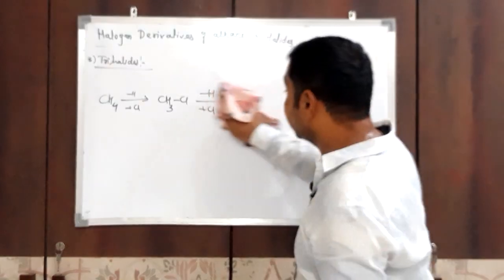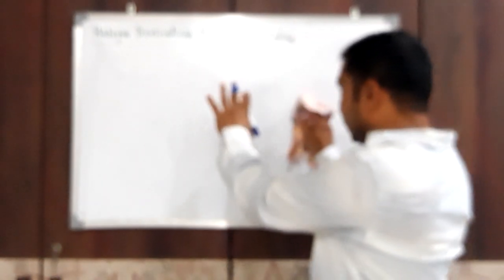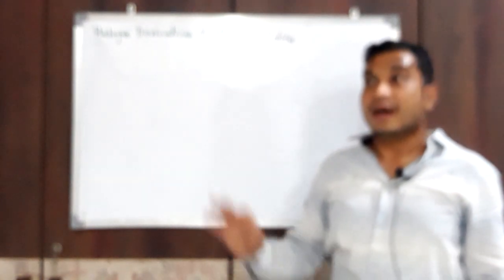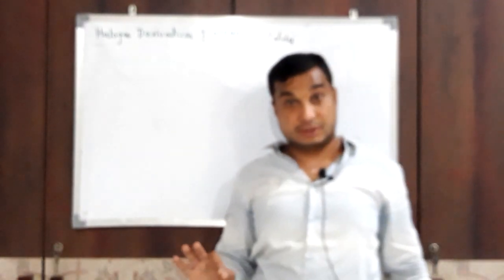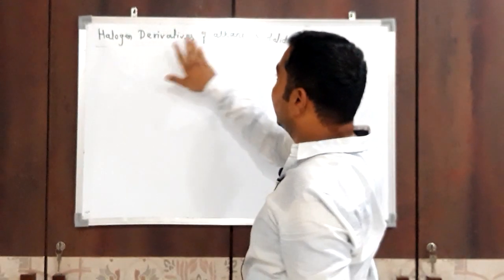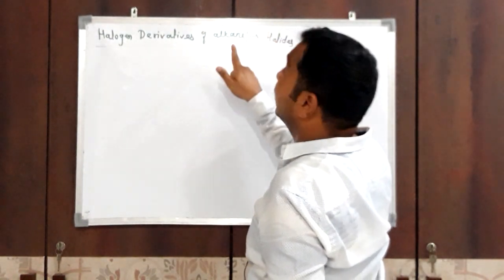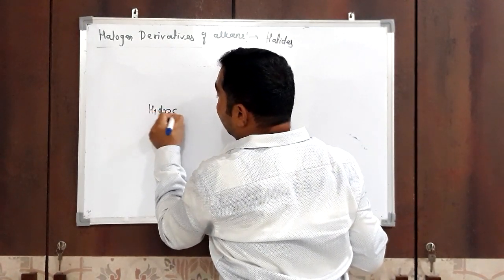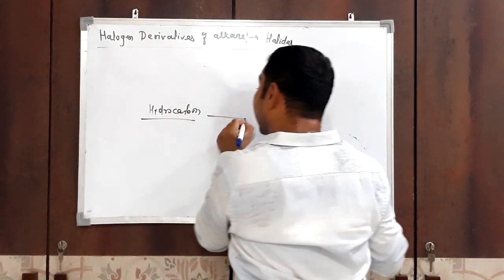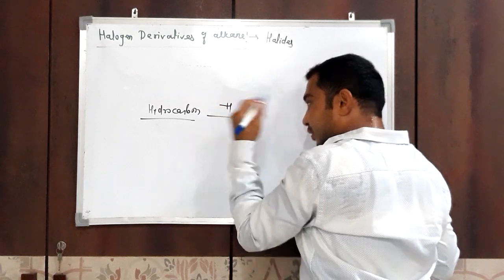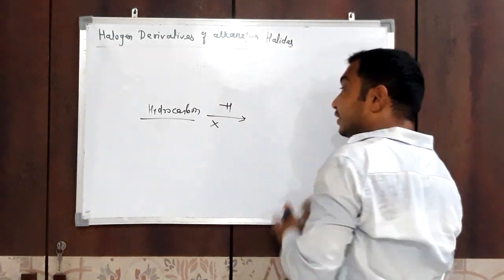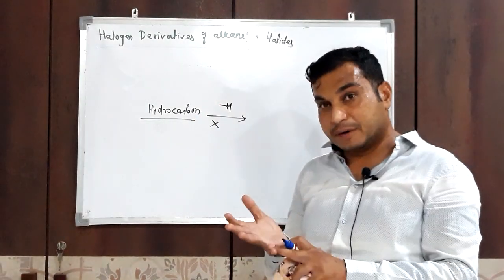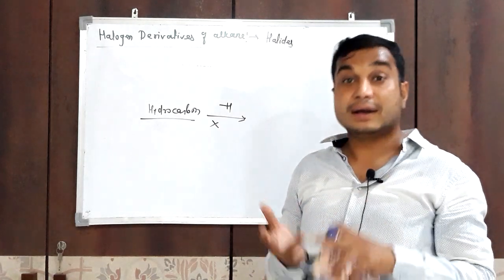Now see, here I have only considered alkane. Alkane is a saturated hydrocarbon. A halogen derivative of alkane means we have to replace hydrogen atoms from alkane only. But instead of alkane, if there is a hydrocarbon, and I replace one or more hydrogen atoms by halogen atoms, then the resulting compound is a halogen derivative of hydrocarbon, and that hydrocarbon may be aliphatic or aromatic.